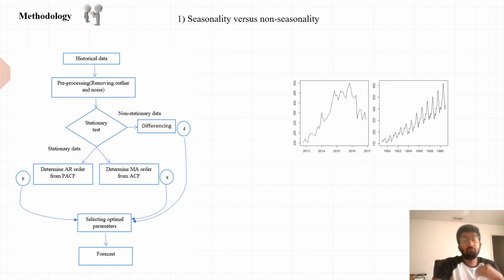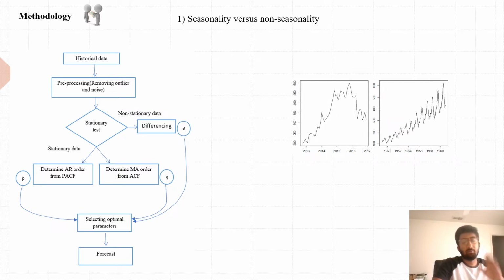Before that, for the data in the ARIMA model, we need to check whether there is any seasonality in the data or not. Seasonality means the repetition of a data pattern after a certain interval of time. If you see these two pictures, on the left is non-seasonal data, because the data is very random.